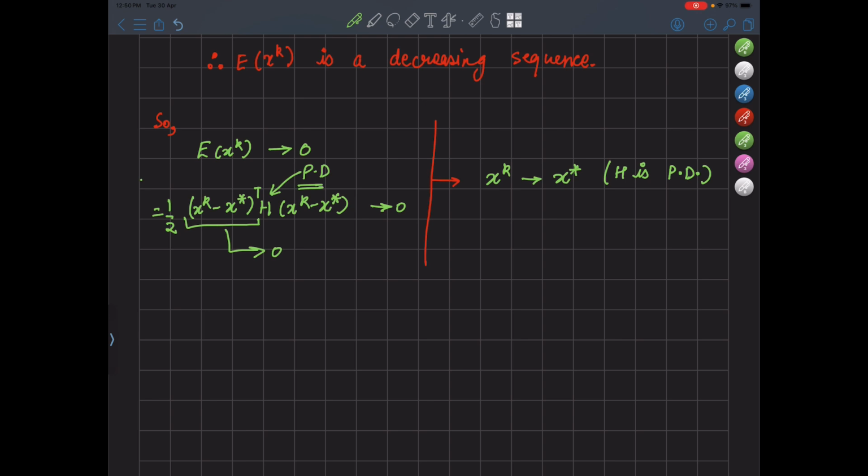Now let us look at some observations that we got from this analysis. So what are the observations that we got?